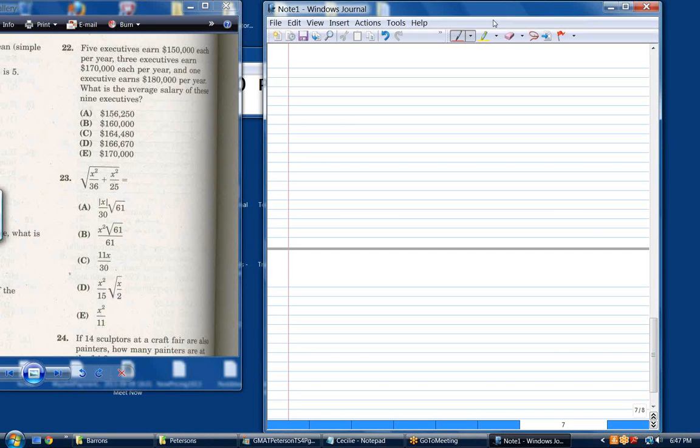Okay. Well, you would have to multiply some of these numbers. The 5 executives who earn $150,000 earn $750,000 together.